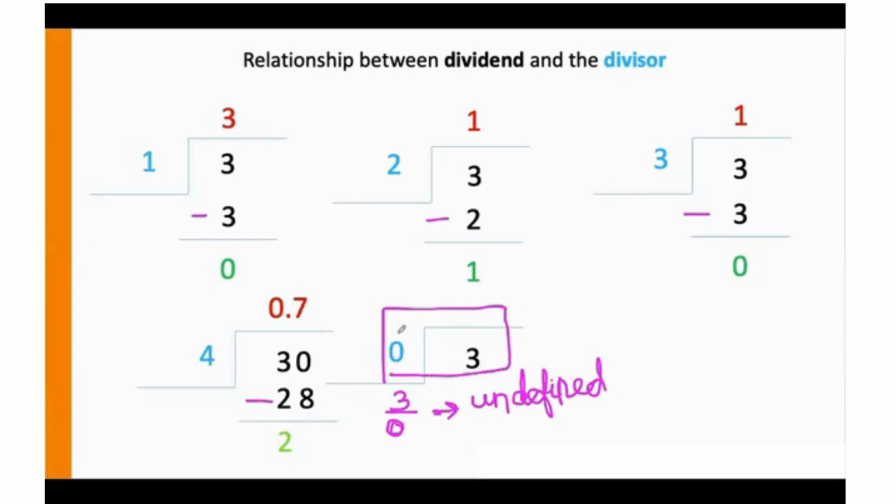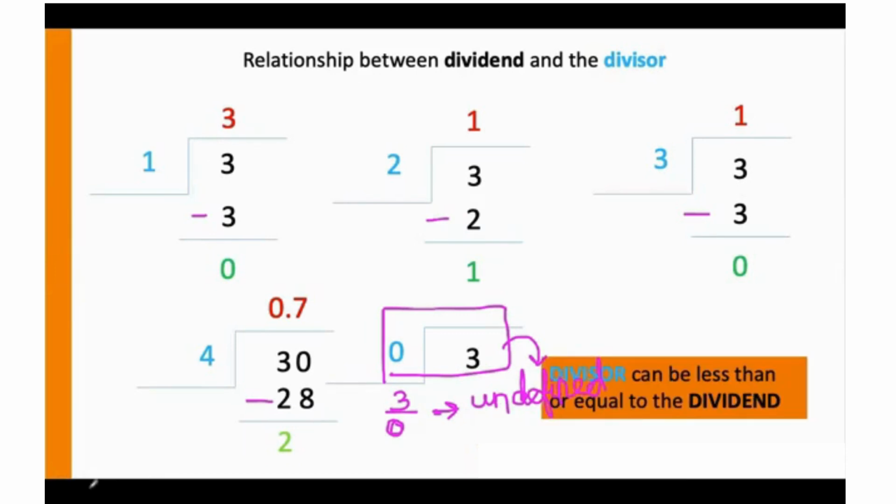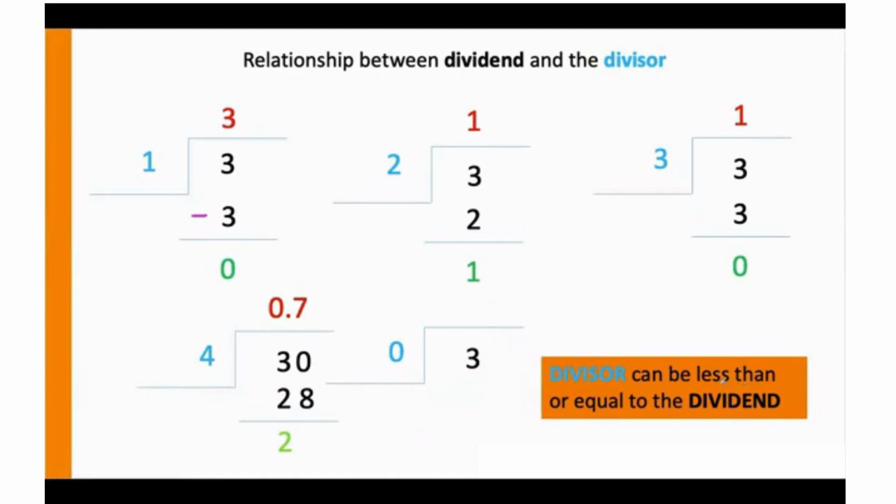Okay, so we can't put 0 in the divisor. It's not possible because that's undefined. So what is the relationship between the dividend and the divisor? Divisor can either be less than or equal to the dividend for division, okay?